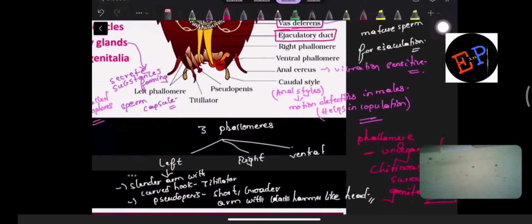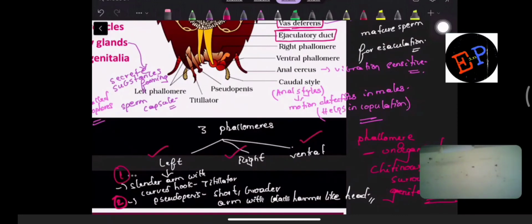And this phallomere we can divide into three types. It is not mentioned in NCERT, just for our understanding I have written here. Phallomeres you can divide into left phallomere, right phallomere as well as ventral phallomere. Left phallomere again has two parts. The first part is called titillator and the second one is called pseudopenis.